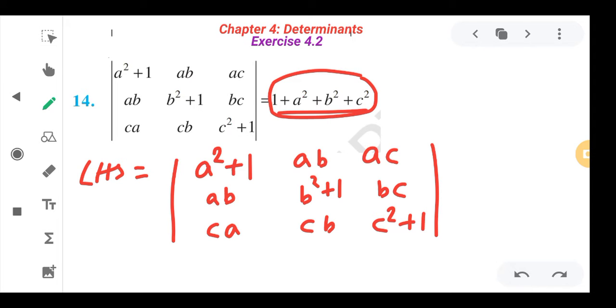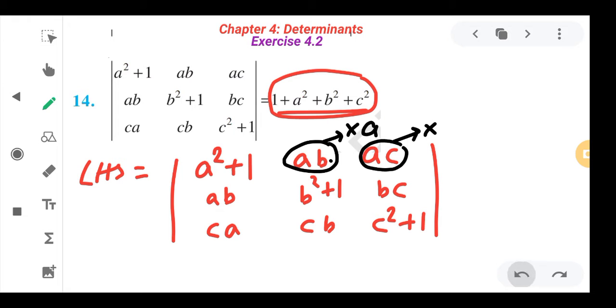If I multiply a into this term, it will become a square b, and if I multiply a into this term, it will become a square c, correct or not? A square c and a square b.